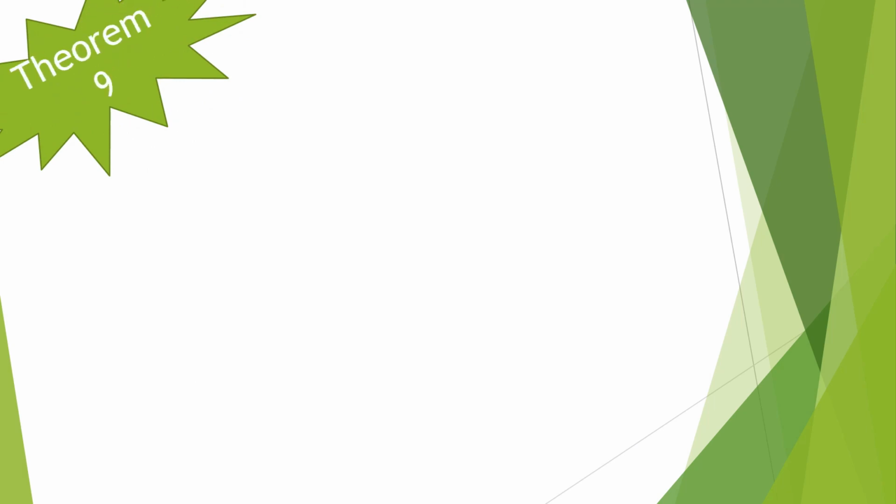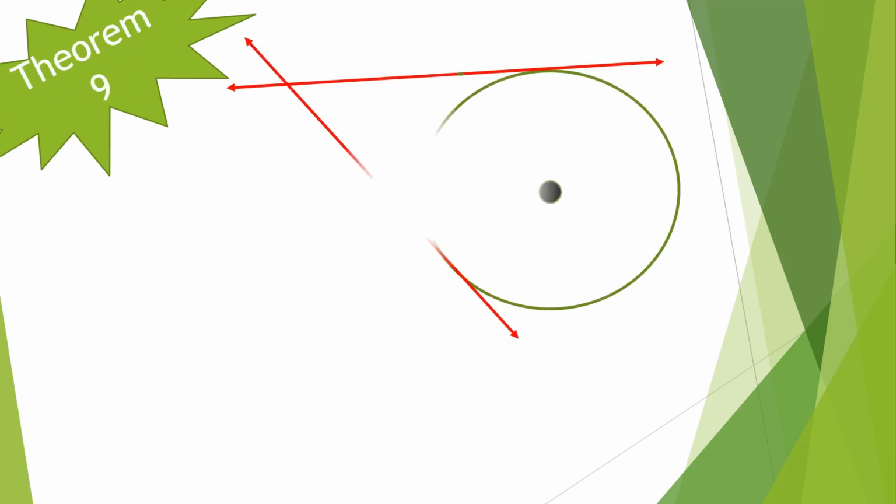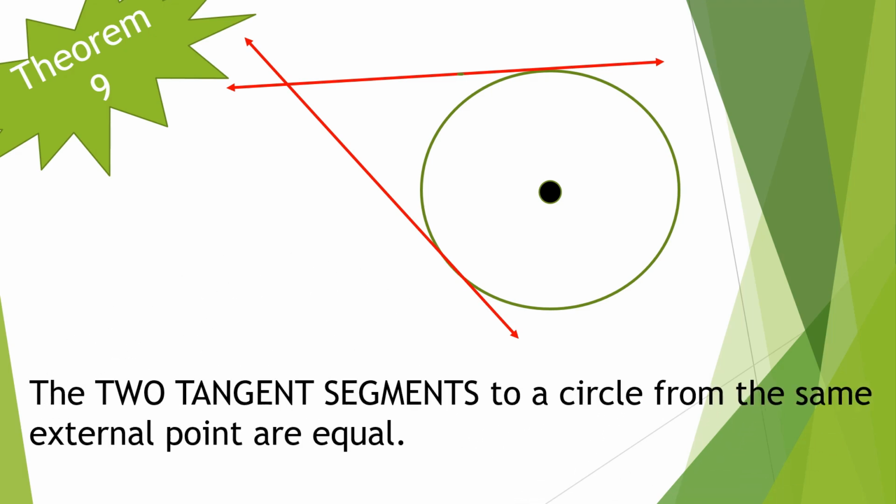And let's proceed to theorem number 9. In theorem number 9, we have here two tangents that meet at the same external point. If two tangents meet at the external point of a circle, then how do we get each segment? We can say that the segments are equal.